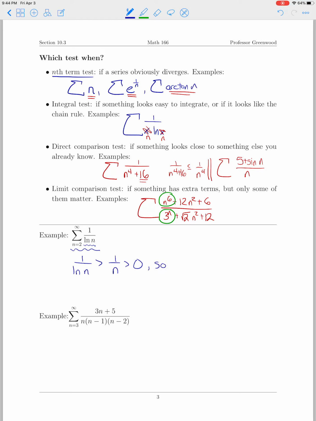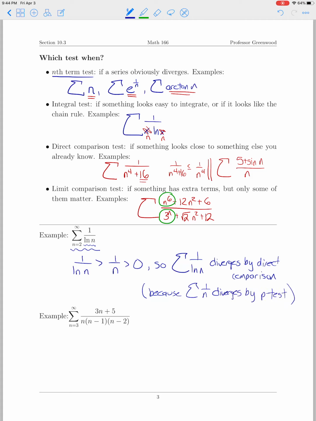And so that means that 1 over ln of n diverges by direct comparison. And just to make sure that all of the details are filled in, that's because 1 over n diverges by the p-test, where p in this case would just be equal to 1.